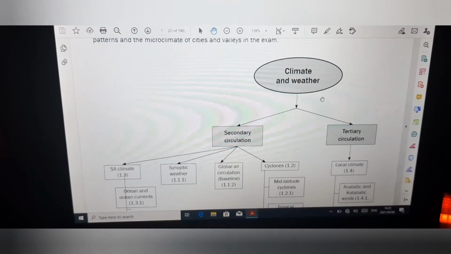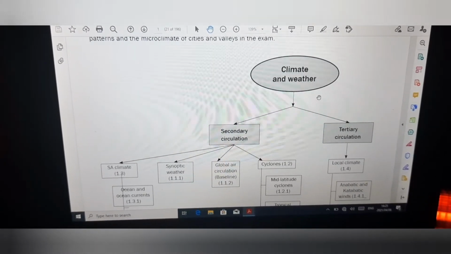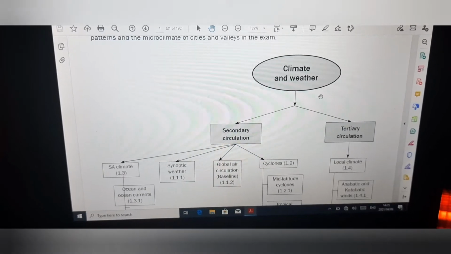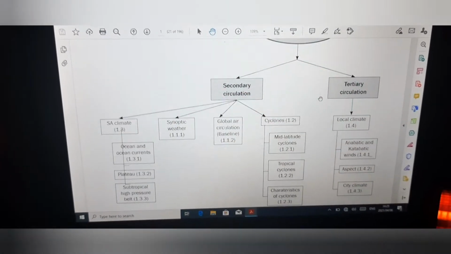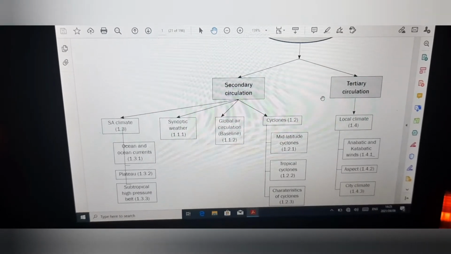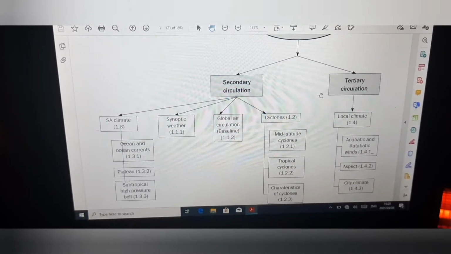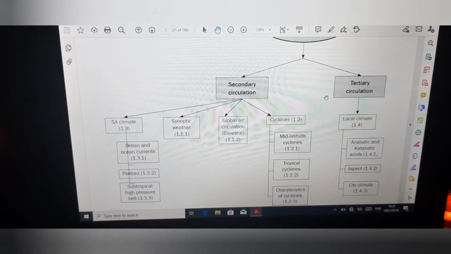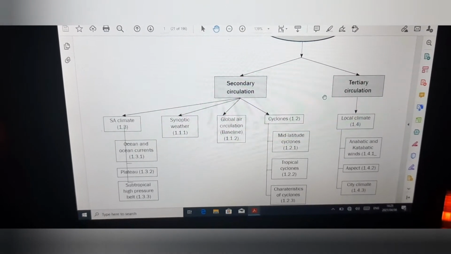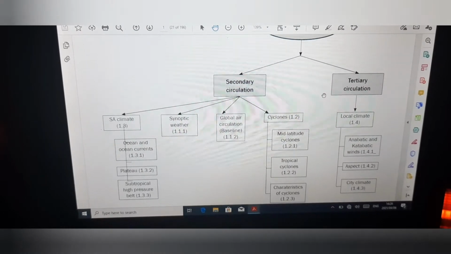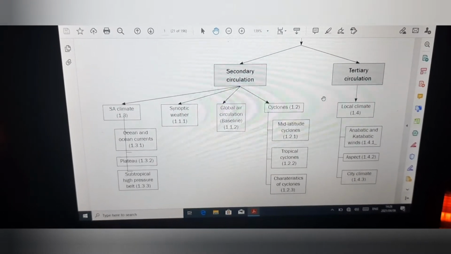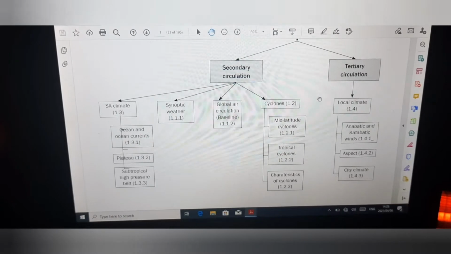It gets divided into secondary circulation, which is regional, and tertiary circulation, which is local. Under secondary circulation, we have SA climate, synoptic weather, global air circulation, cyclones. And under tertiary circulation, we have local climate.